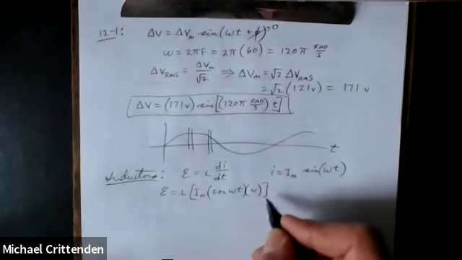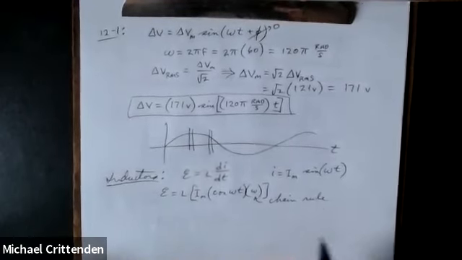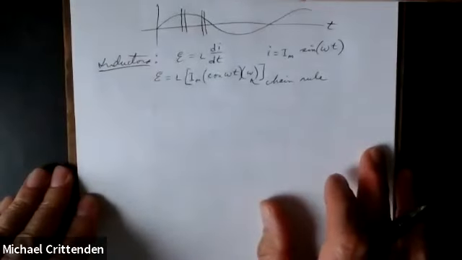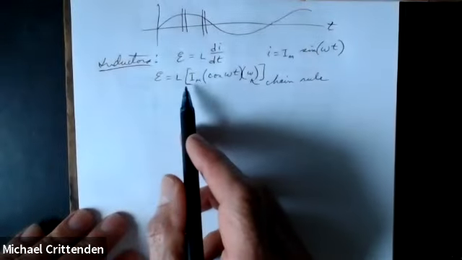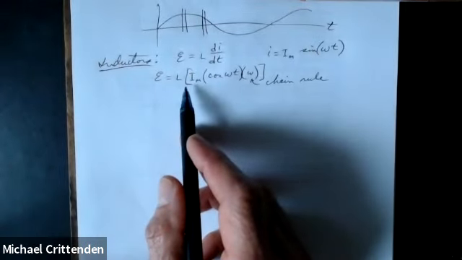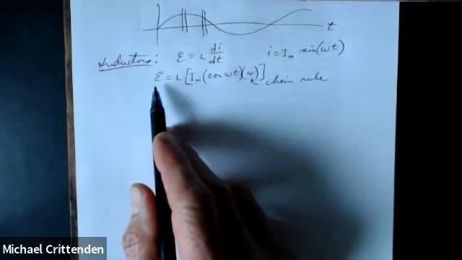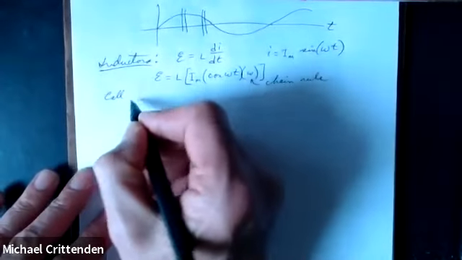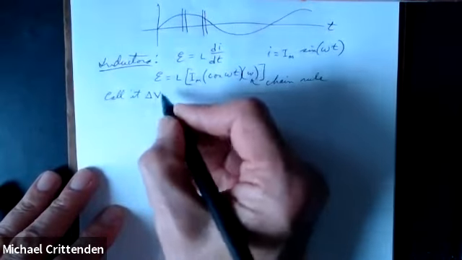And so let's just move that out front so I've got all the constants collected together, which is a nice, neat way of doing things. And let's just play with the notation. Instead of calling it E for EMF, let's just call it delta V, as in voltage across the inductor.